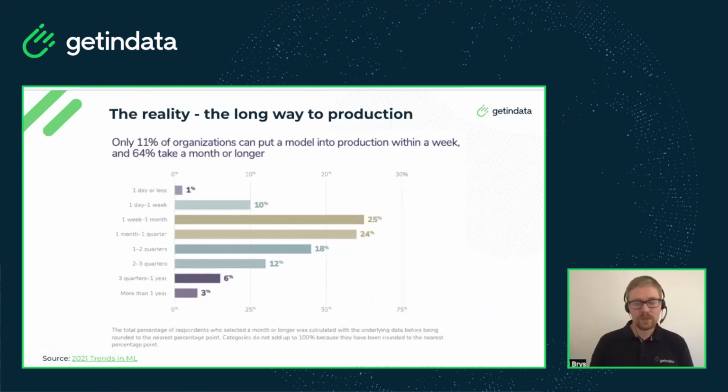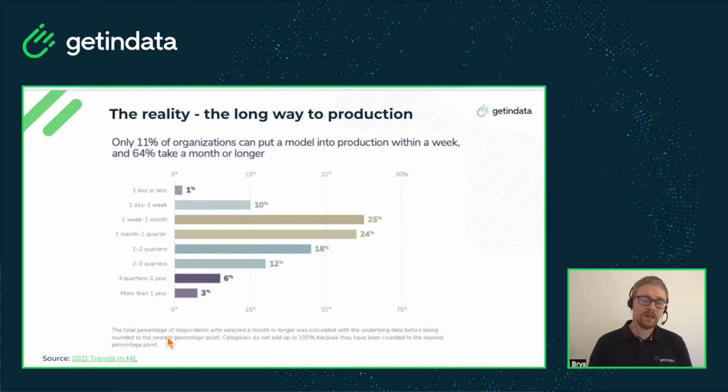So this is also the theory, but in practice it's difficult in production, because even with that knowledge, with those frameworks, with those definitions, companies are still struggling with quick deployment of their machine learning models to production. Here is a chart from a research survey from last year called Trends in Machine Learning, and you can see that only 11% of organizations can put a model into production within a week, and the rest, like 60%, take a month or longer to do this.